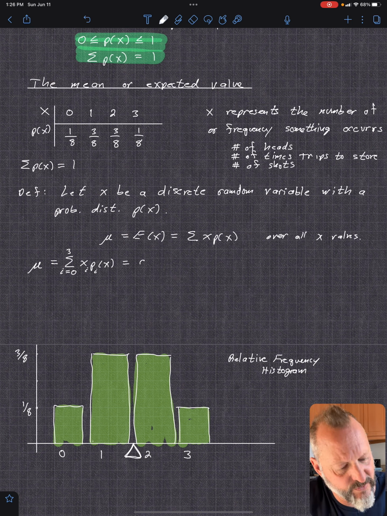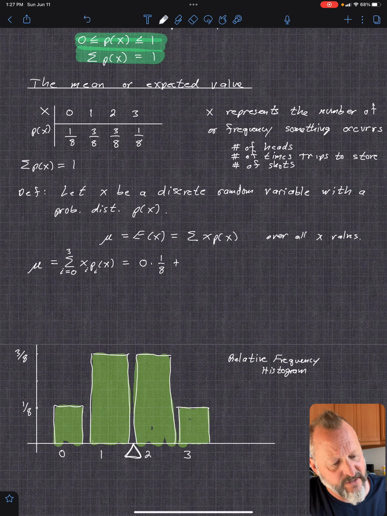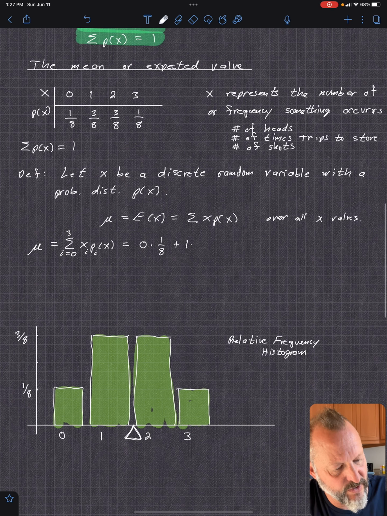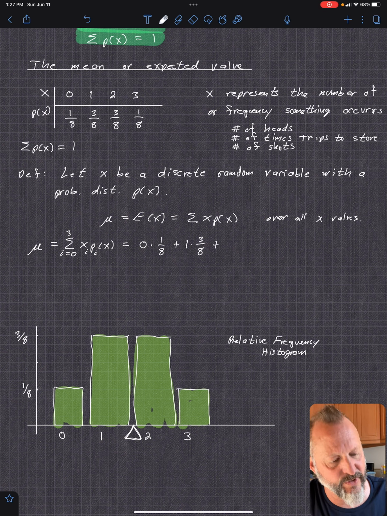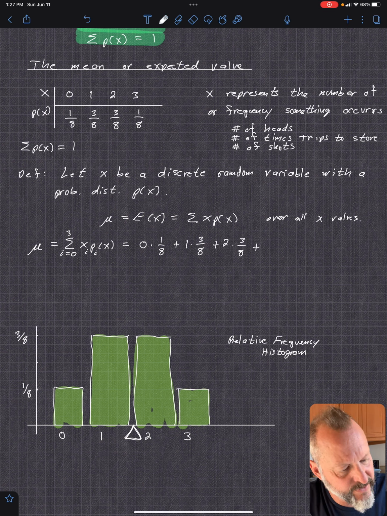The first one, 0, is always going to zero out, but I like to put it just to remind myself what it looks like. 0 times 1/8, 1 times 3/8, another 2 times 3/8, and then 3 times 1/8.